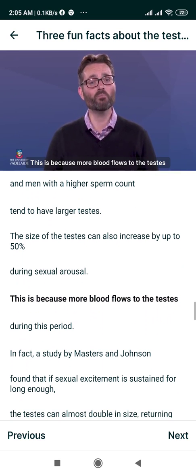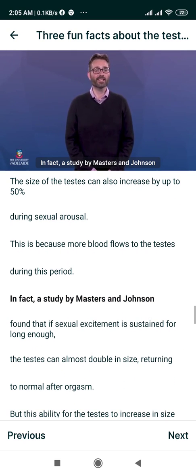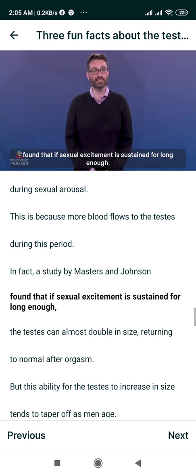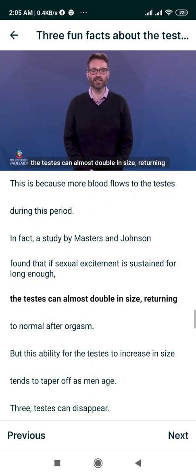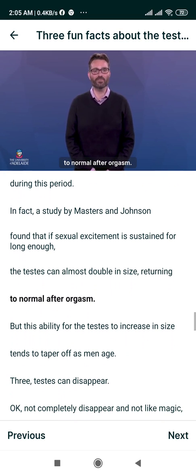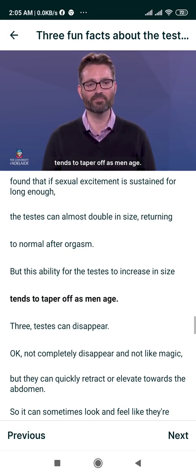This is because more blood flows to the testes during this period. In fact, a study by Masters and Johnson found that if sexual excitement is sustained for long enough, the testes can almost double in size, returning to normal after orgasm. But this ability for the testes to increase in size tends to taper off as men age.